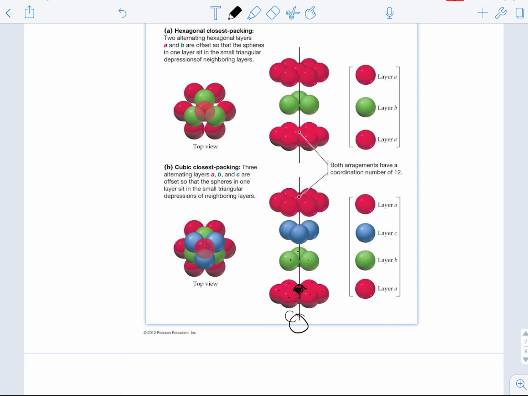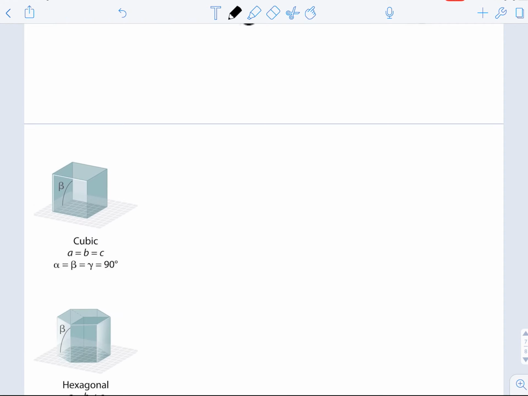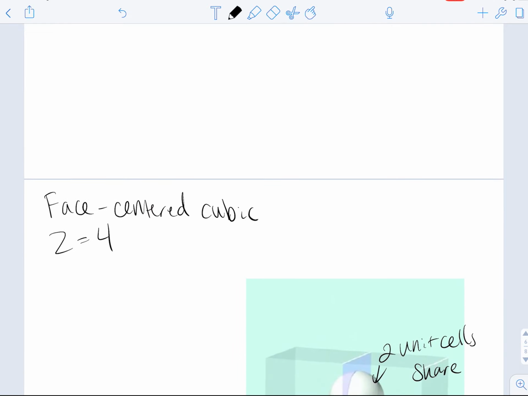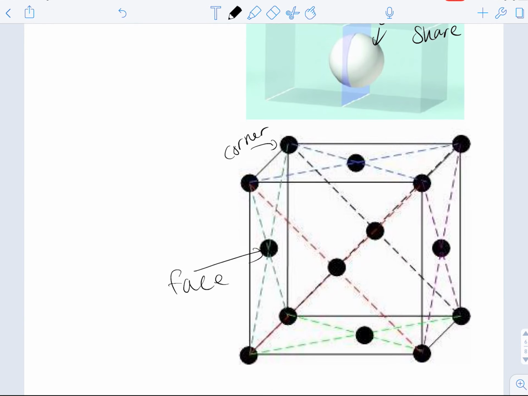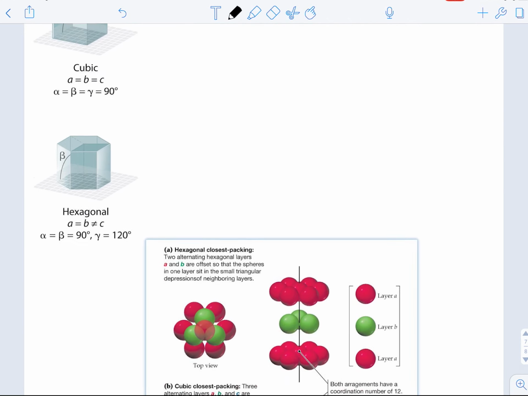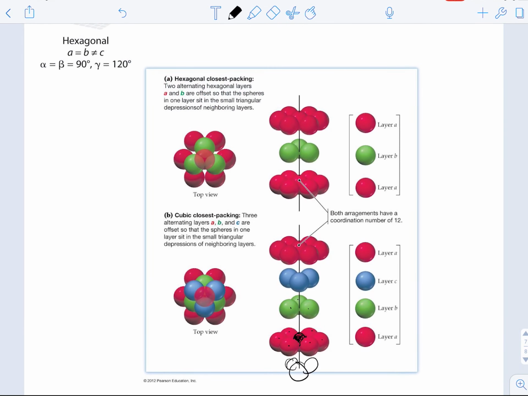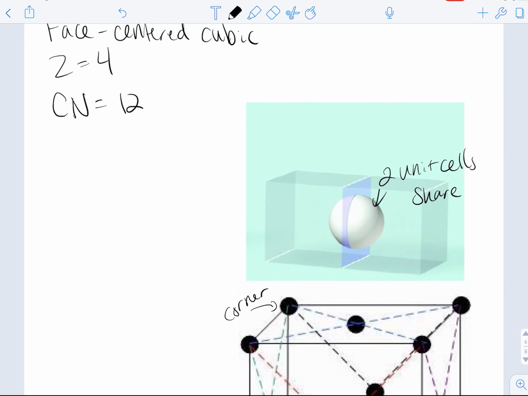It looks like this. And we get from this a coordination number of 12 for our face-centered cubic. Again, it's really hard to see it in this structure, but you can kind of see it in this one where I'm comparing hexagonal to cubic closest packed.